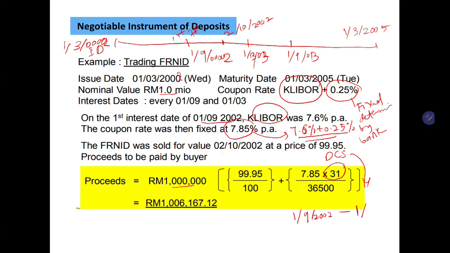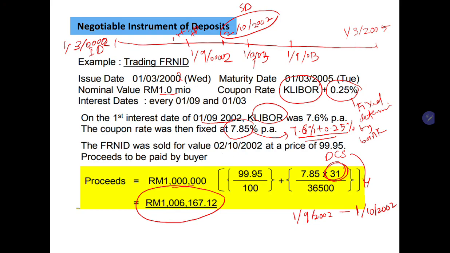We are not counting the settlement date, so we count until the 1st of October 2002. So the 1st of September until the 1st of October is equivalent to 31 days, divided by 365. So we got 1,006,162.12. This is the amount of proceeds that the depositor received from the investor for his sale of the FRNID. This is actually the settlement date.